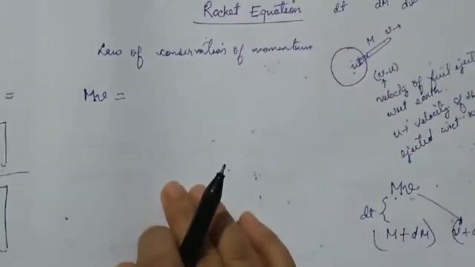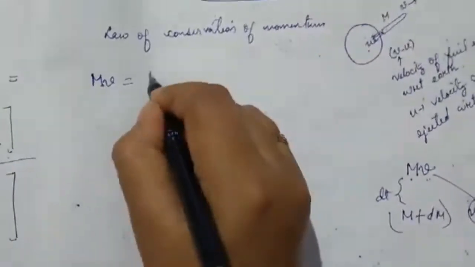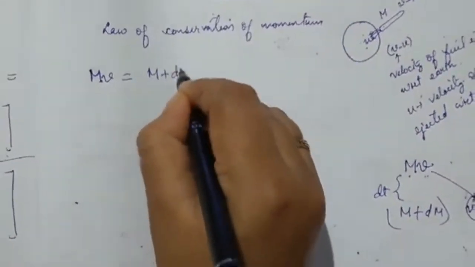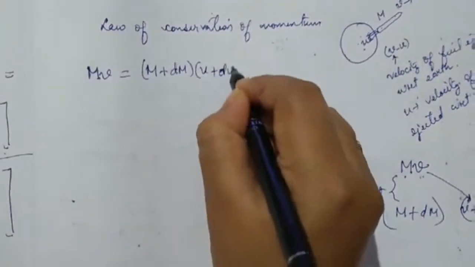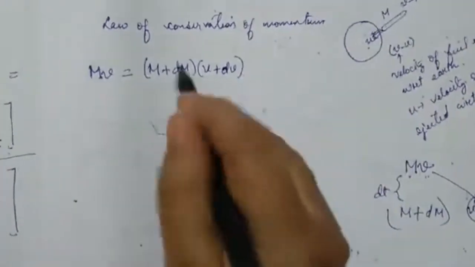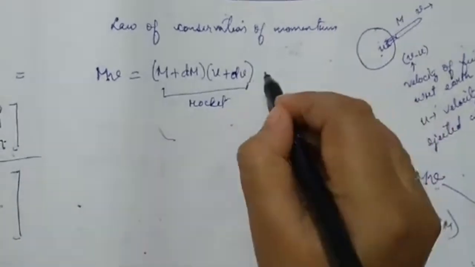Now the fuel is getting separated, it is getting burnt, so it is expelled. So the mass of the rocket has changed, and the velocity of the rocket has also changed, but this is for the rocket.